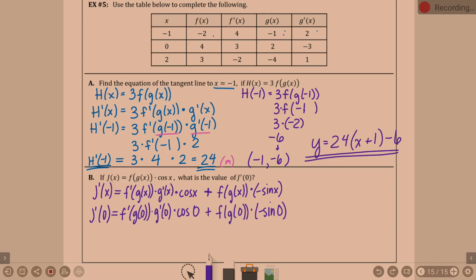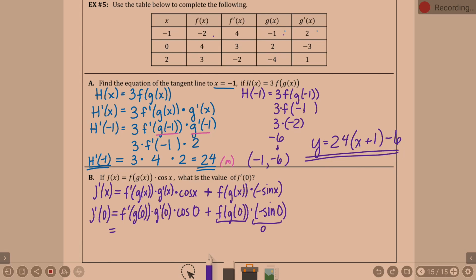I just wrote out with all my x's became zeros. The whole second half is going to cancel out because negative sine of 0 is just 0. Fair statement. Sine of 0 is 0. So I agree that that's going to make this whole second half 0. I don't know what f of g of 0 is because I haven't found that out yet, but it does end up becoming irrelevant.